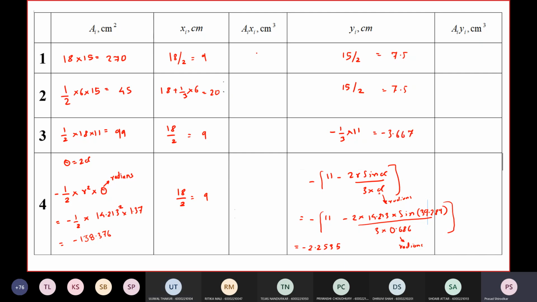Now compute this column, AiXi and AiYi, and tell me the values one by one. Or final position minus initial position. If you use this equation, substitute the position of the particle at the point.